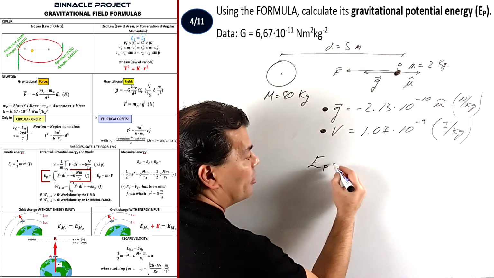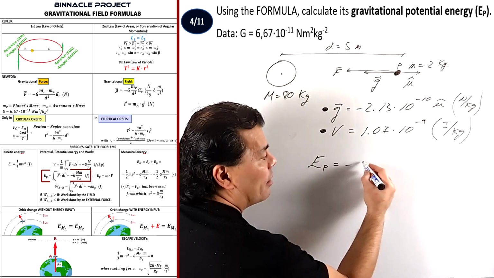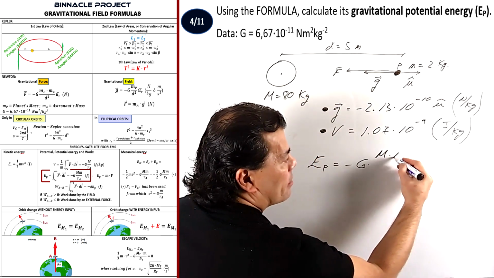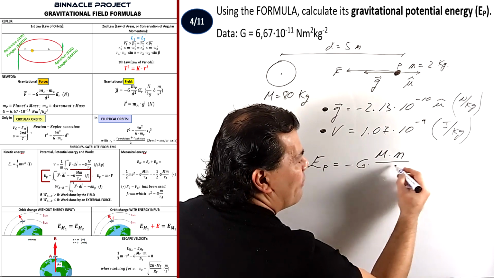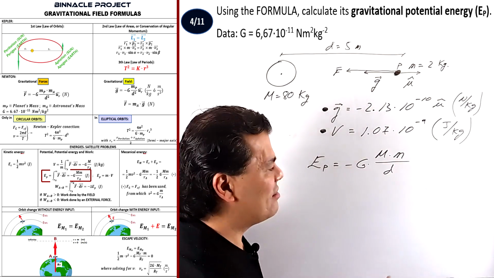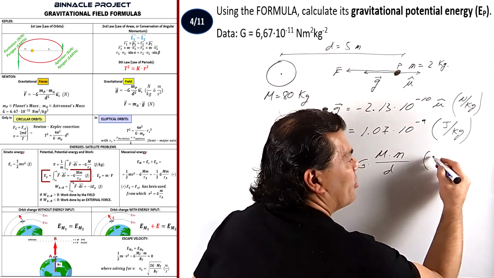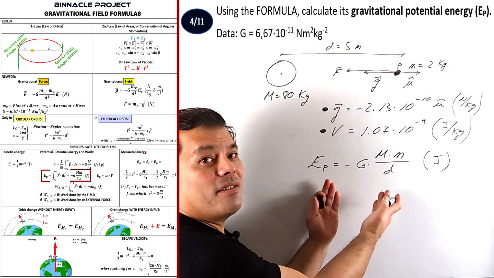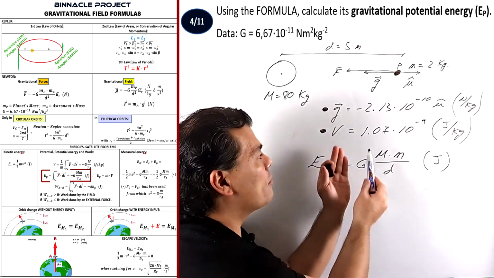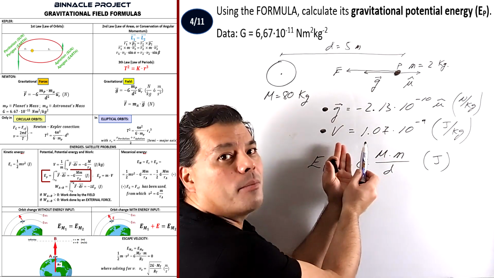The gravitational potential energy equals negative G multiplying creating mass, suffering mass, divided by the distance. Not distance squared, only the distance. And units, joules. This is the gravitational potential energy, not to be confused with the gravitational potential.